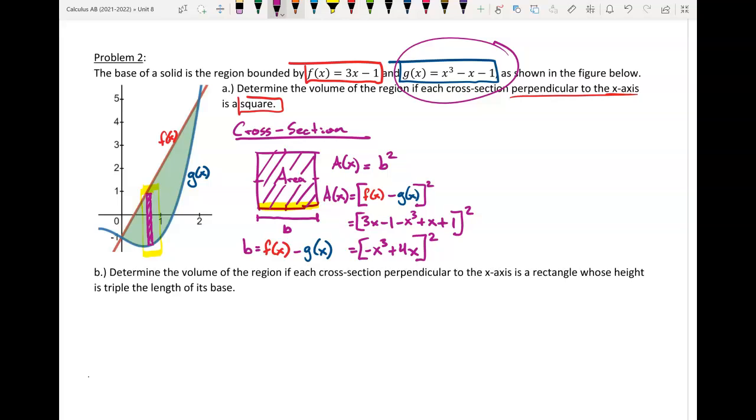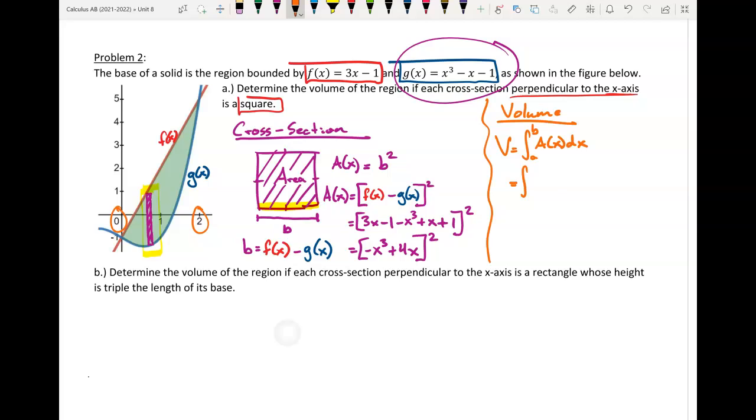So now I can go ahead and start thinking about, well, now what's my volume? The volume of the shape that is being described here. So volume is equal to the integral from a to b of the area of the cross-section dx. In this case, it looks like I'm going to be going from 0 to 2.